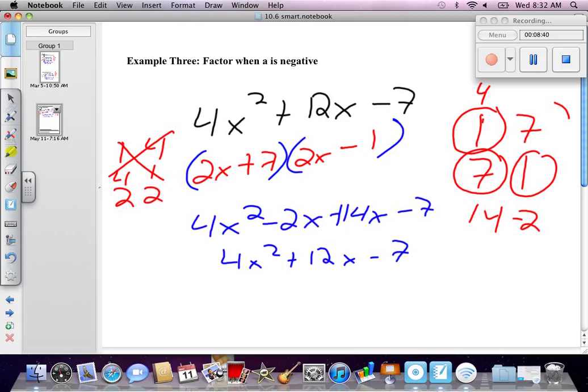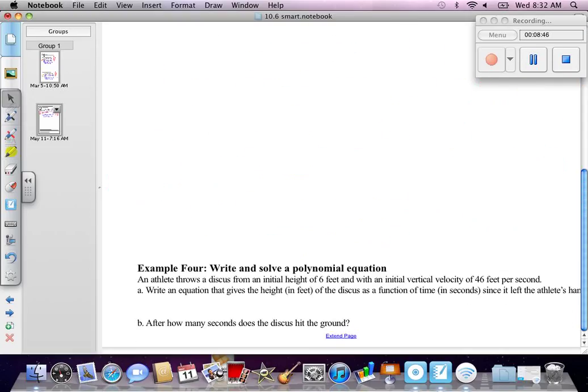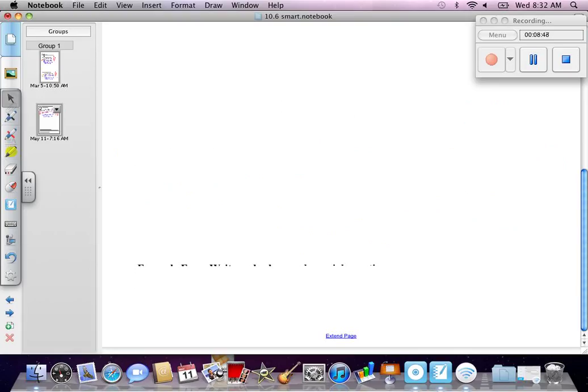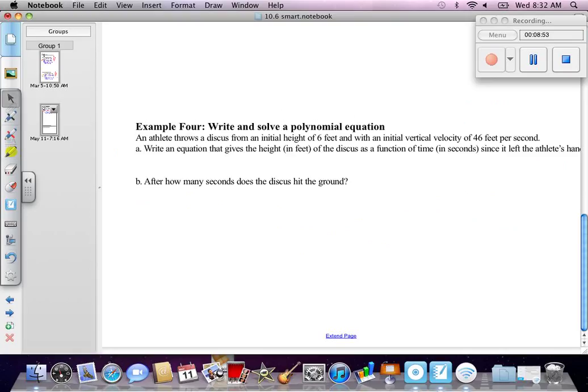Let's set up our word problem and then we can be done. You guys should know, for all of these, whenever they talk about initial velocity, you might want to have this written down. It's written on some of your notes too. They're talking about negative 16t squared plus vt plus s, always, when they talk about velocity.